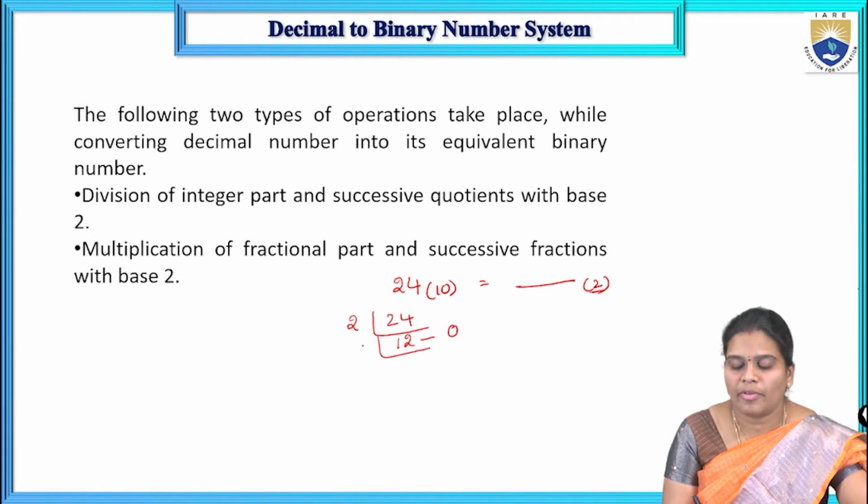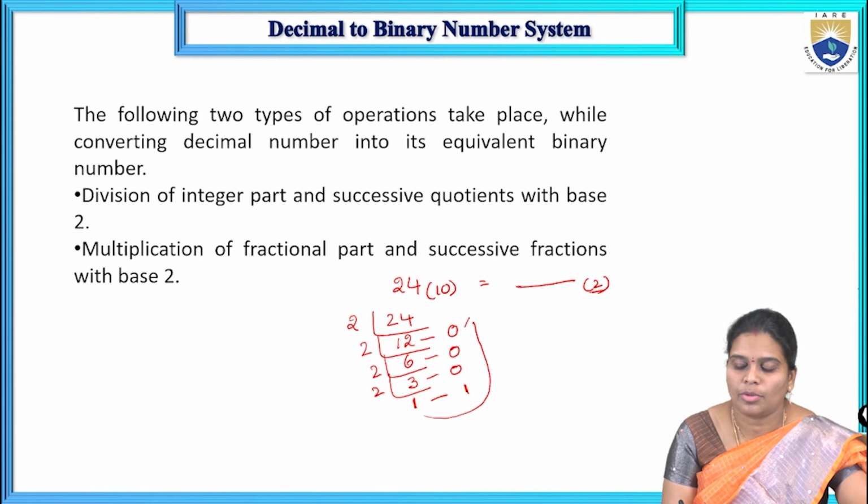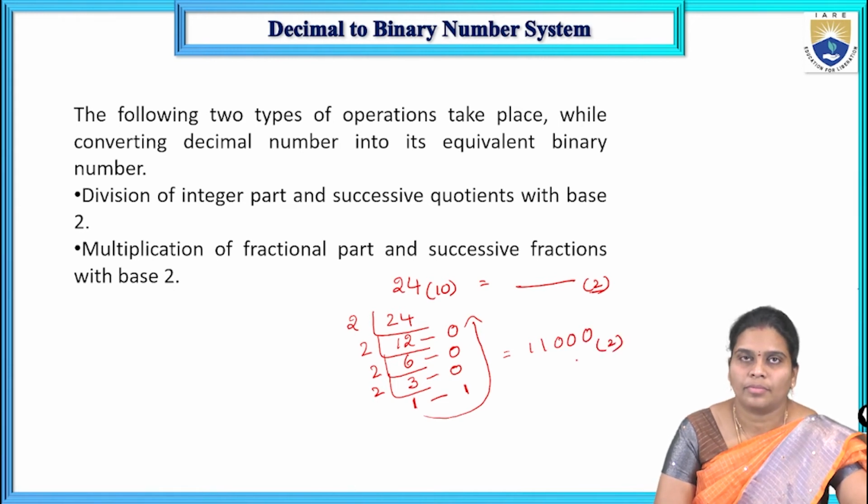Again we divide by 2, that gives 6, again remainder 0. Next, divide by 2, that gives 3, remainder 0. Next, 2 ones are 2, so the remainder value is 1. The remainder value is 1. Now we write the resultant from bottom to top, that means 11000. This is the procedure for converting decimal to binary value.